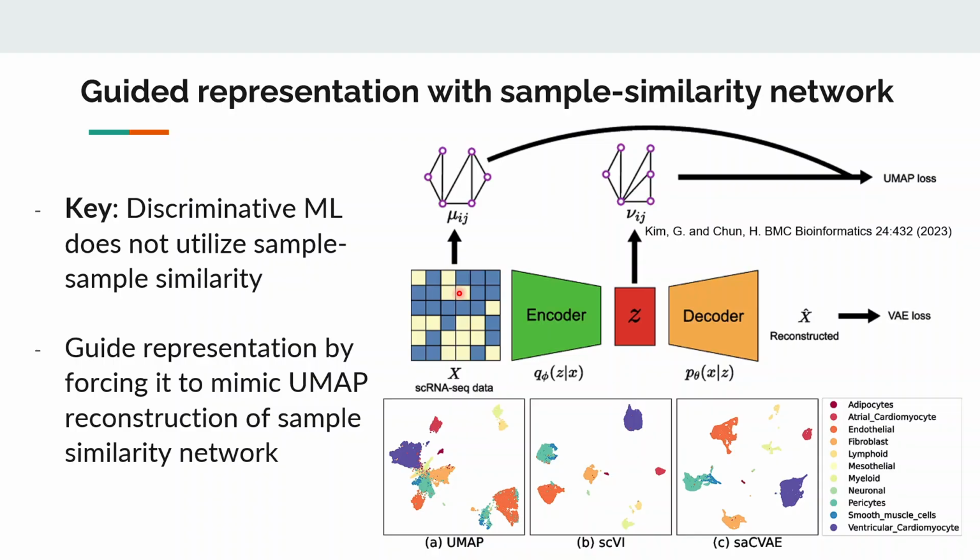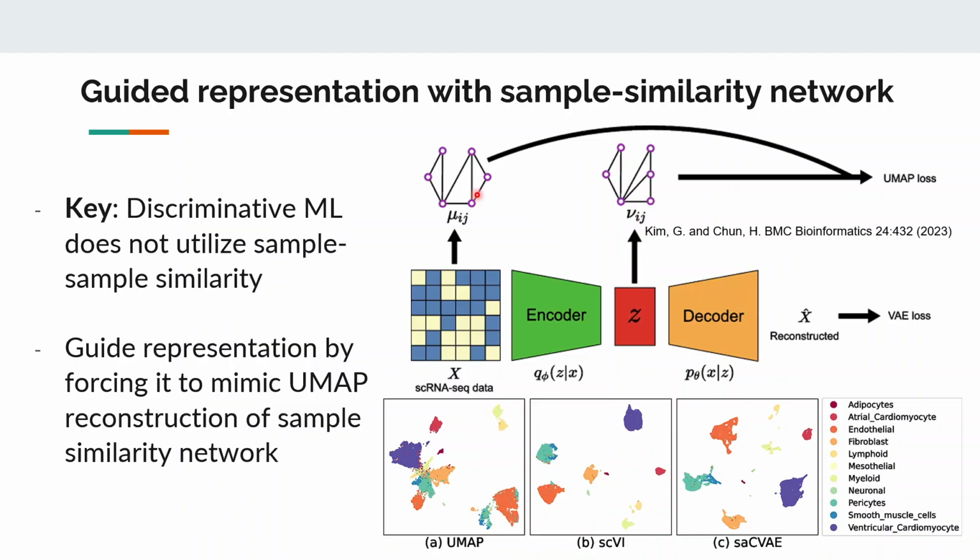So in this case, they create a network of cell-to-cell similarity. These dots are individual cells, and we draw edges if the cells have similar gene expression profiles. Once the model embeds the gene expression for each cell into vectors, we can also calculate the similarity among cells, but instead of using the original gene expression, we use the representation for those cells.